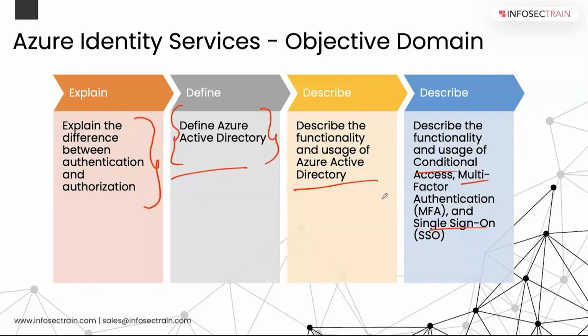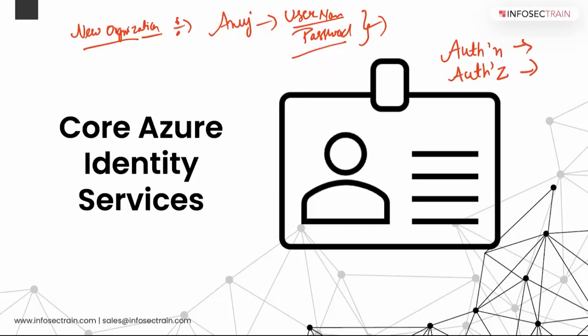So first, what is the difference between authentication and authorization? For authentication, there is the identity that was created for Anuj. Now, let's say Anuj needs to prove that identity, that yes, I am Anuj.